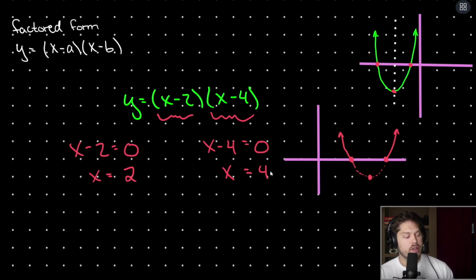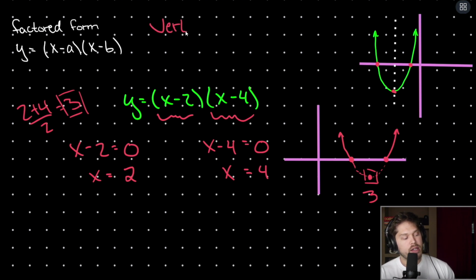So what's the average of 2 and 4? What's directly in the middle of 2 and 4? It's 3. And we can of course go out to the side and say 2 plus 4 divided by 2 is equal to 3. So 3 is the average. And so we know that the x value for our vertex is 3, and we still need to find the y value for our vertex.